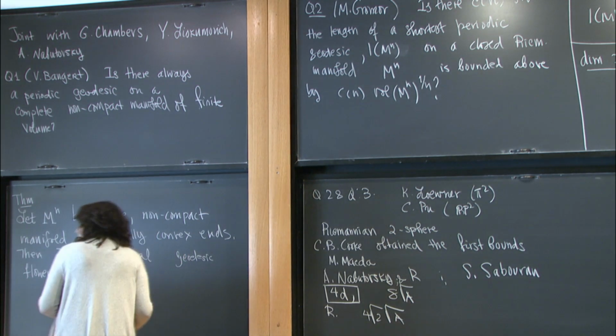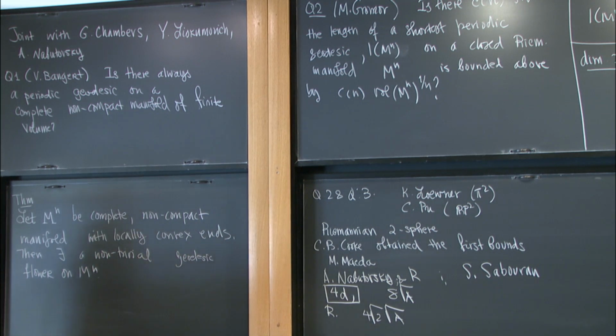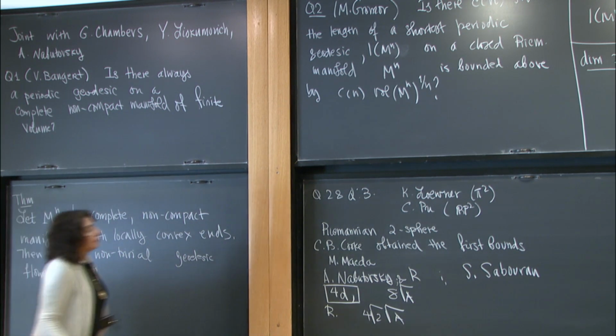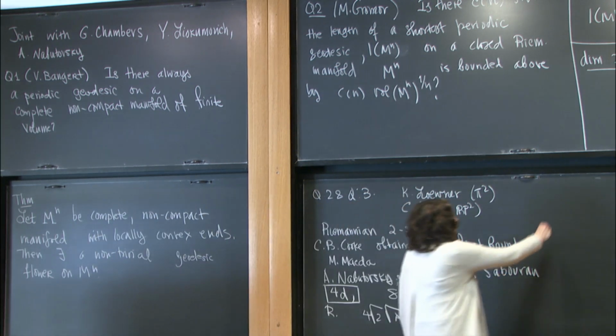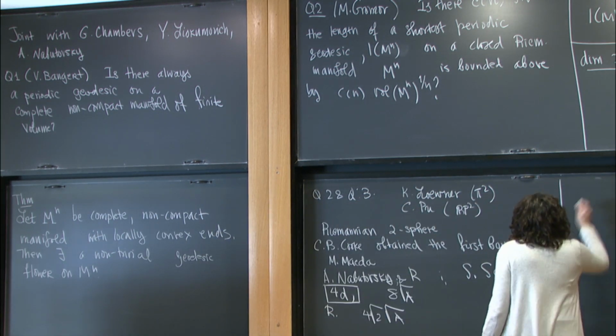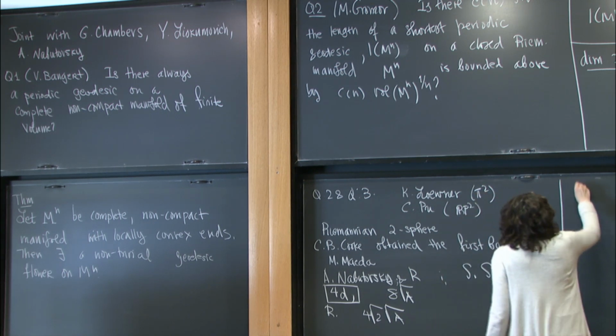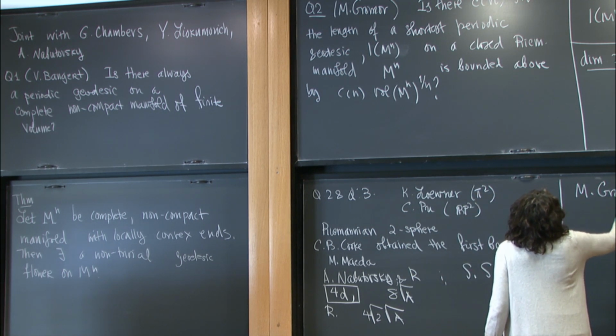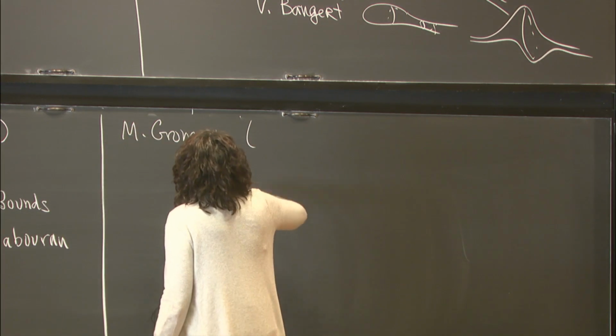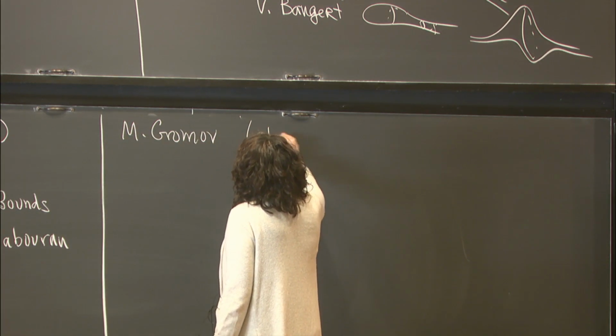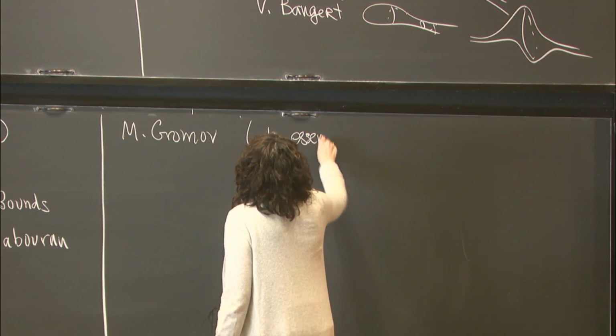So, right, now what about higher dimension? In higher dimensions, we don't have much. There is a bound by Gromov, of course, that holds for a wide class of manifolds that are called one-essential manifolds.